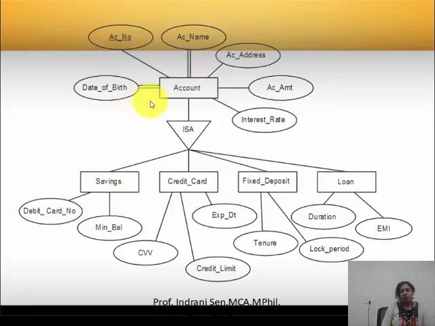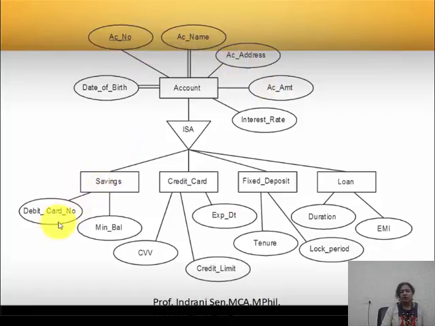Here, name and date of birth is a multi-valued attribute, because for a single account, we can have more than one account holders who are sharing the same account number. We have depicted here a relationship which is connected to the savings account. Now the savings account will inherit the attributes account number, name, address.